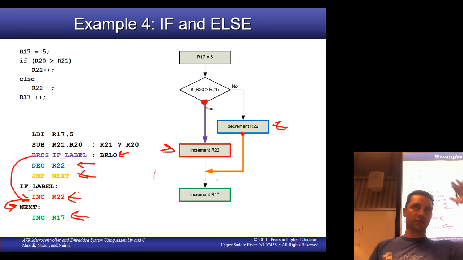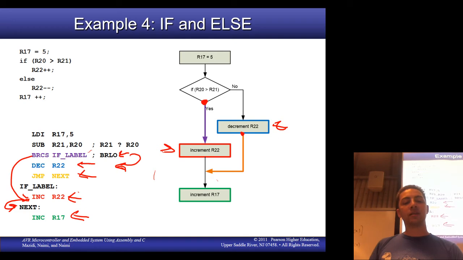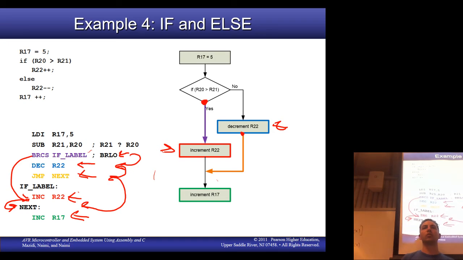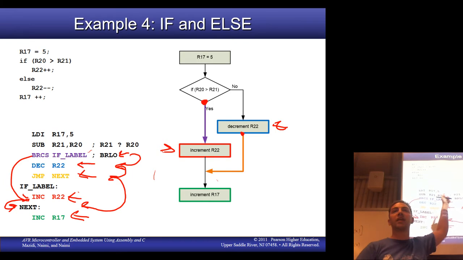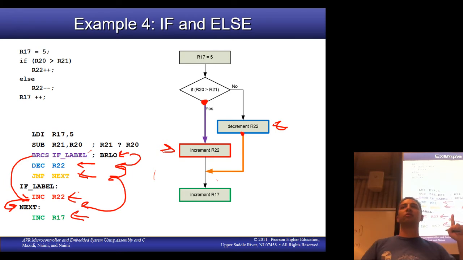Because it's linear at that point. If I don't do the branch, I fall through to the decrement, fall through to the unconditional jump, and then I skip the red block. So either way through this code, whether you do the conditional branch or not, because that's the only choice that's made, that purple line, it's the only place where something could go differently.